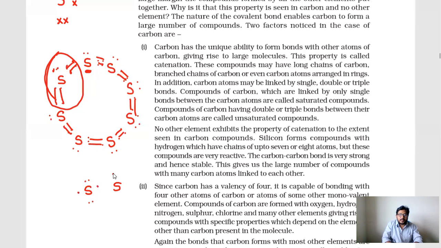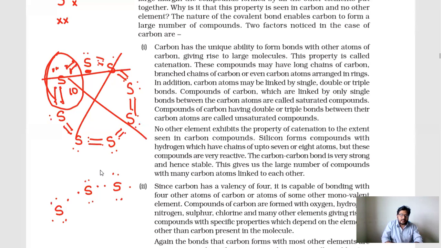There will be another sulfur with 1, 2, 3, 4, 5, 6, because if you draw a circle, it is becoming 10 electrons in the outermost orbit, which is not the octet rule, isn't it? So no double bonds.